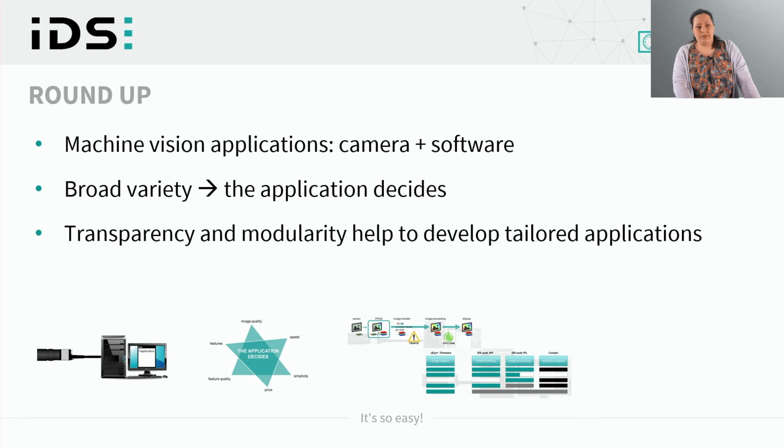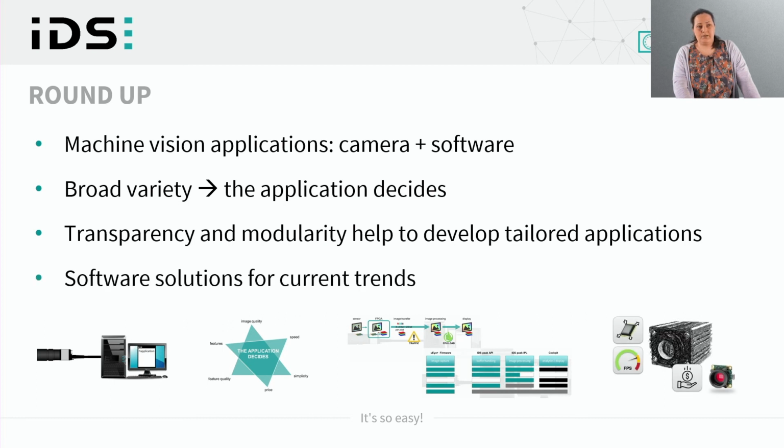Transparency and modularity help you to develop an application that's really tailored to your needs. And software solutions can solve current trends and issues, and help you even when price or speed are a challenge.